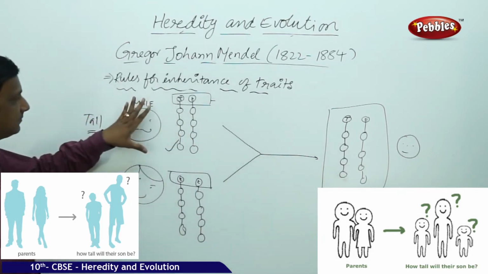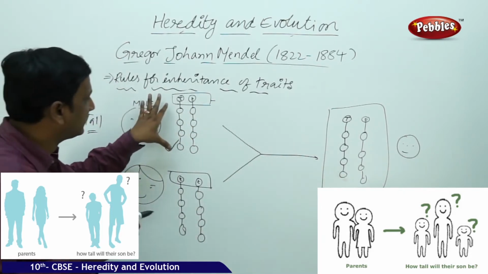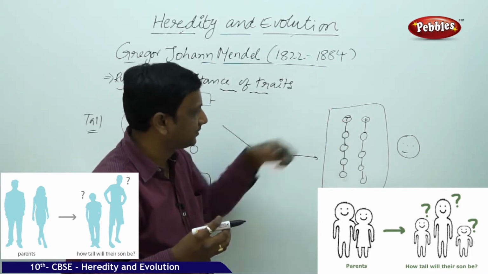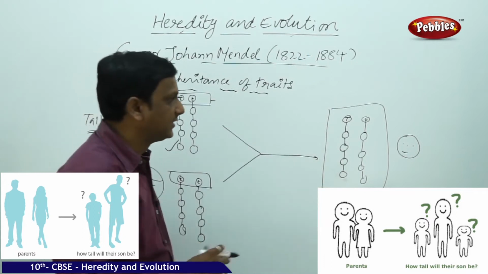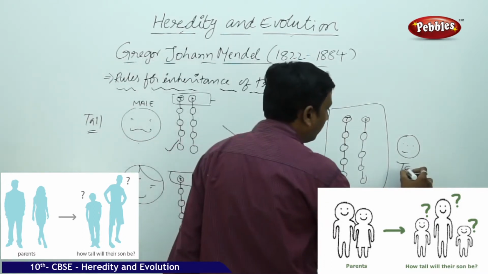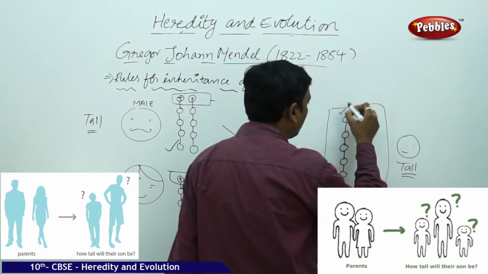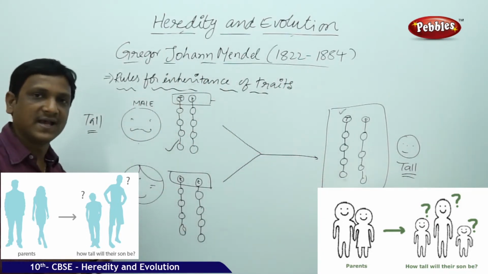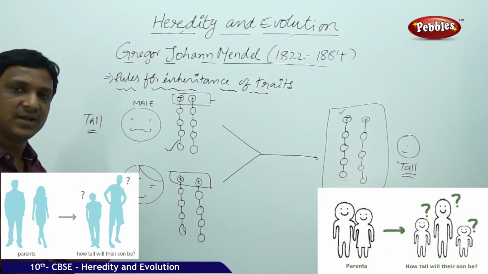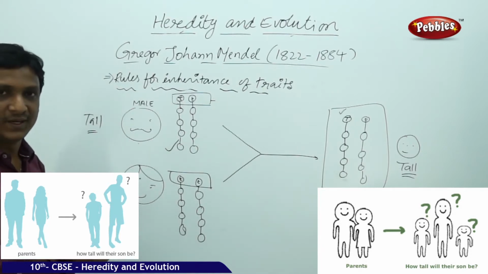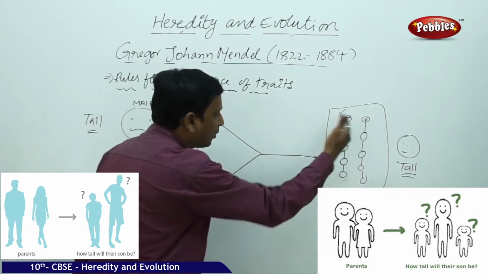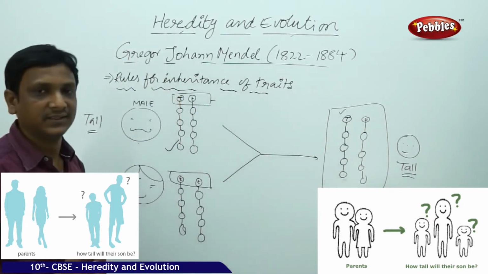From the father, the gene determining the height is tall. So in this case the boy is tall, because tall is a dominant character. Of course, the boy has the gene which can make him short also, but that gene is suppressed. The trait is suppressed by the tall because tall is a dominant trait.